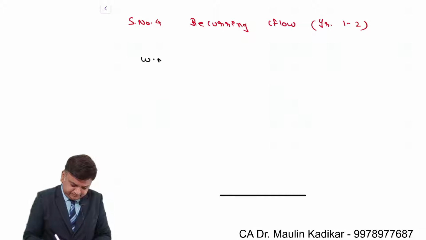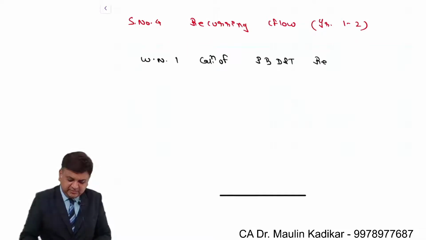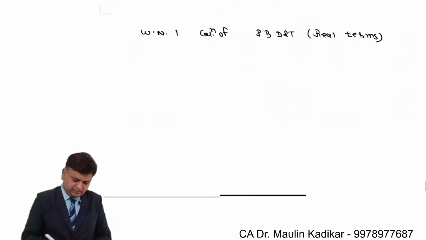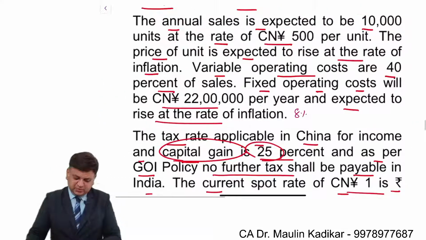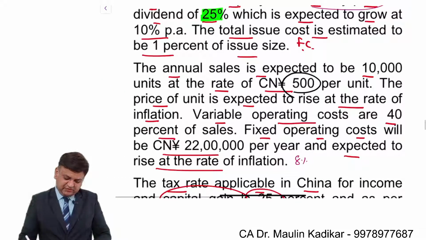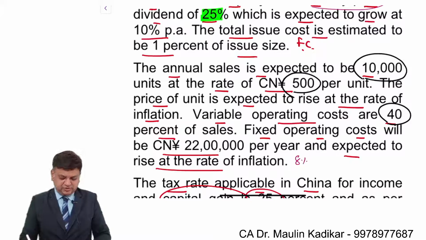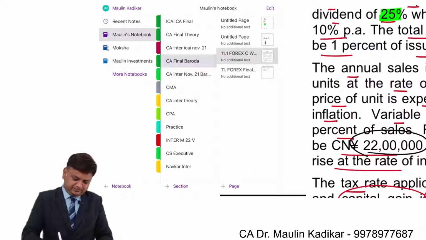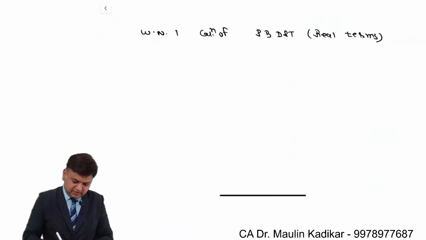Working note number 1. Calculation of profit before depreciation and taxation. In bracket I'm writing in real terms, because you can see that the information is provided to us like this. Selling price is 500, variable cost is 40%, number of units are 10,000, and this is 22 lakhs, and all of them are subject to the inflation. So we understand like this. Sales, how many units? 10,000.